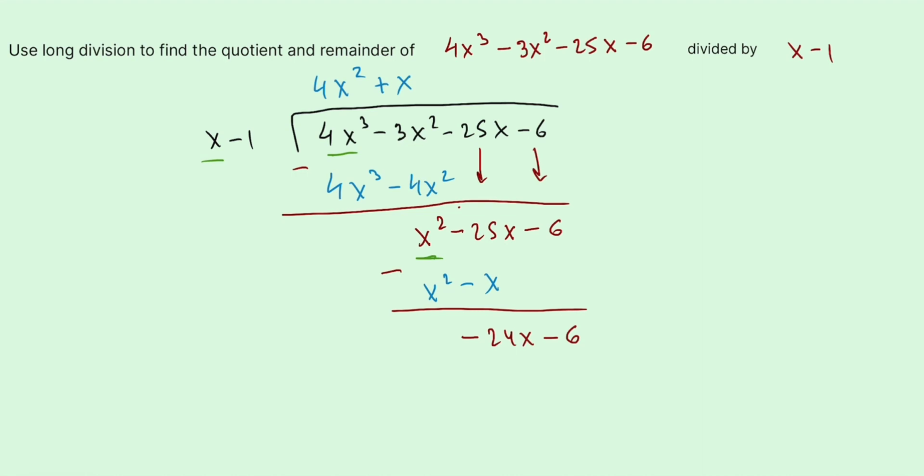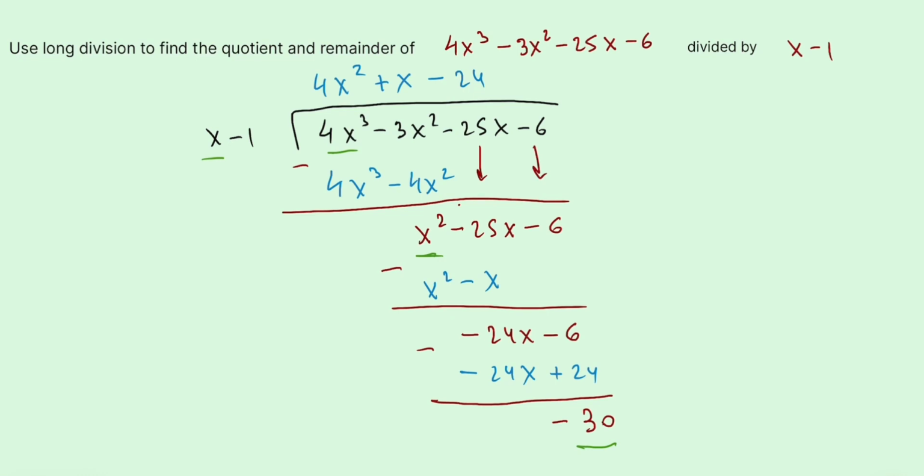Now we divide negative 24x by x, and we get negative 24. We multiply negative 24 by x minus 1, and we get negative 24x plus 24. After we subtract these values, we get negative 6 minus 24, which is negative 30.